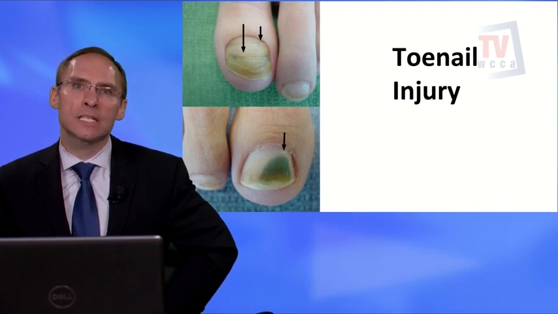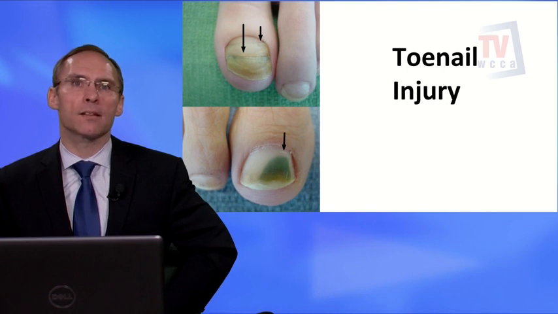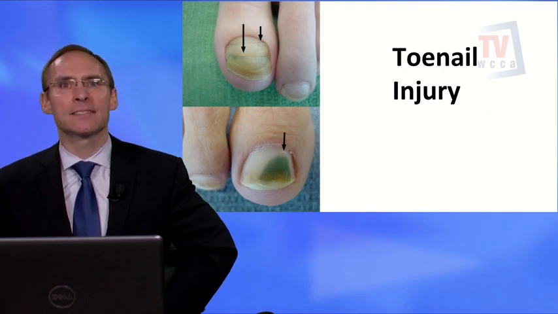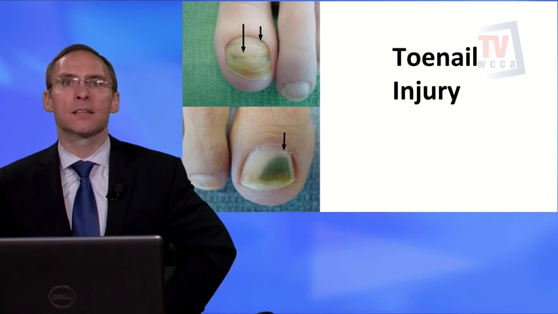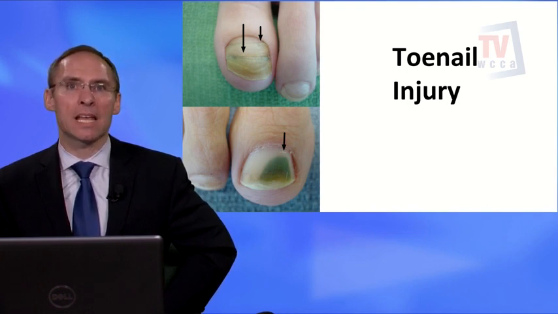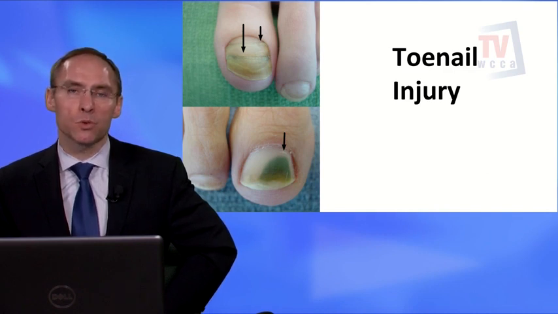How do I treat these? Well, basically, if your toenail is intact, meaning it's attached to the skin underneath, I don't do anything. If it's lifted or detached or painful, then you may want to consider either having the toenail removed or making a hole to relieve some of the pressure in there. Normally, it's just easier to remove the toenail.